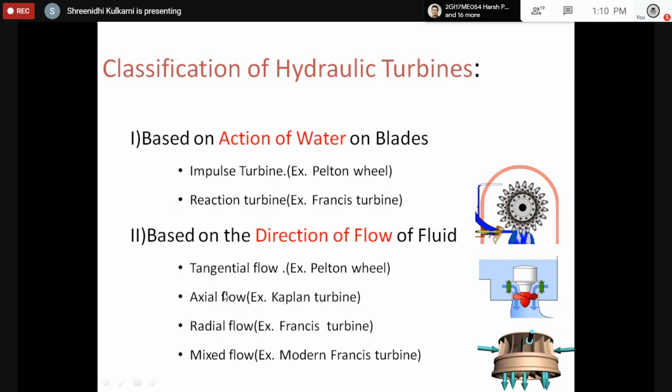Such type of flow we call an axial flow. Example, Kaplan turbine.